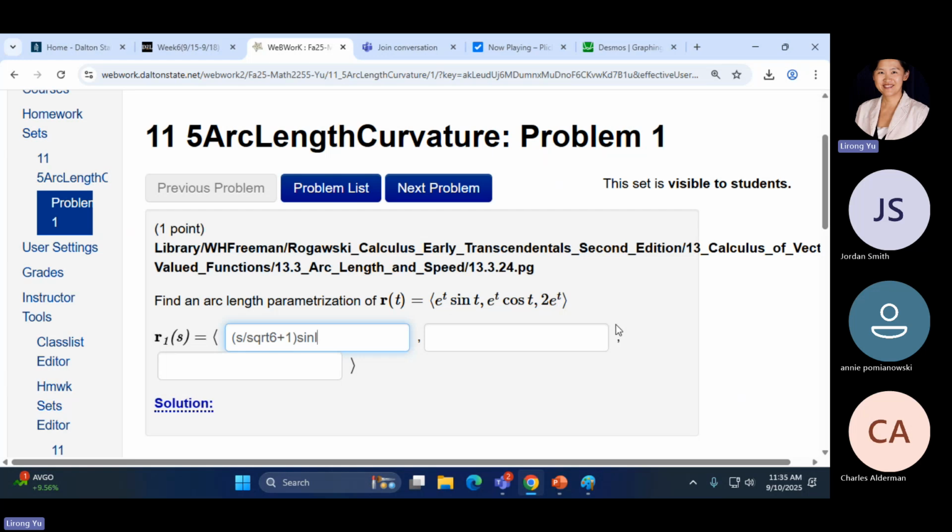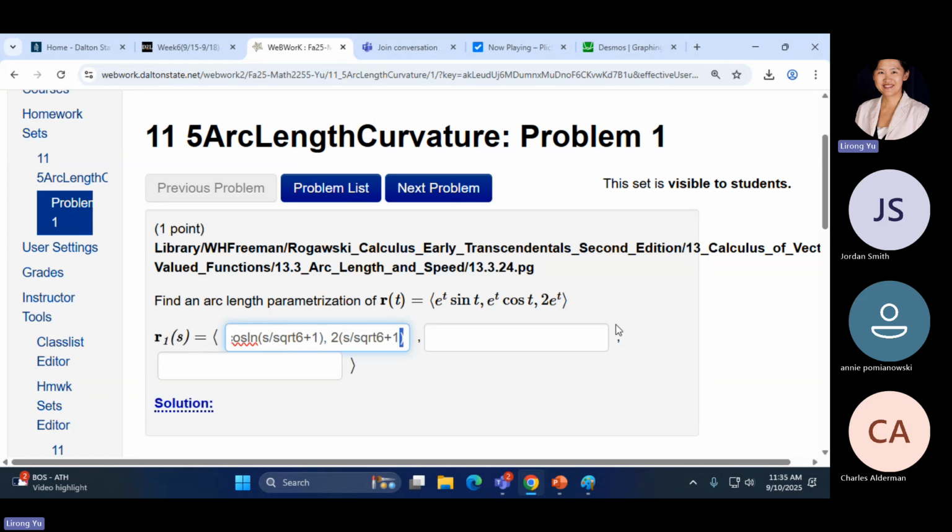Now the t was natural log of the e to the t. So that would be the natural log part, right? And then we have the same thing, and then cosine, and natural log, and this, and then 2 times the e to the t.